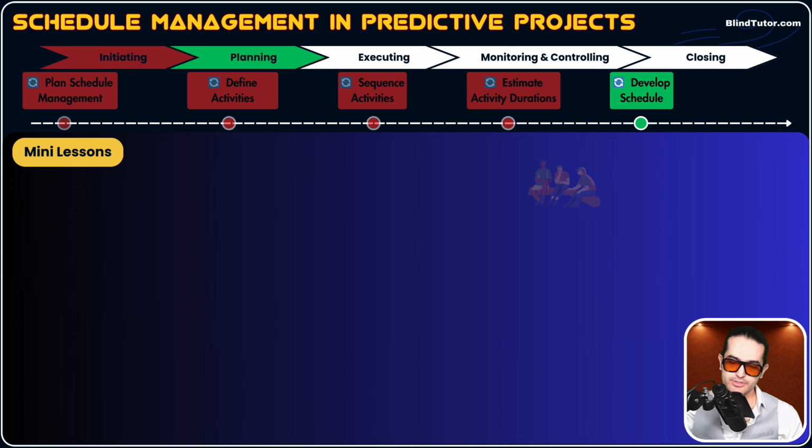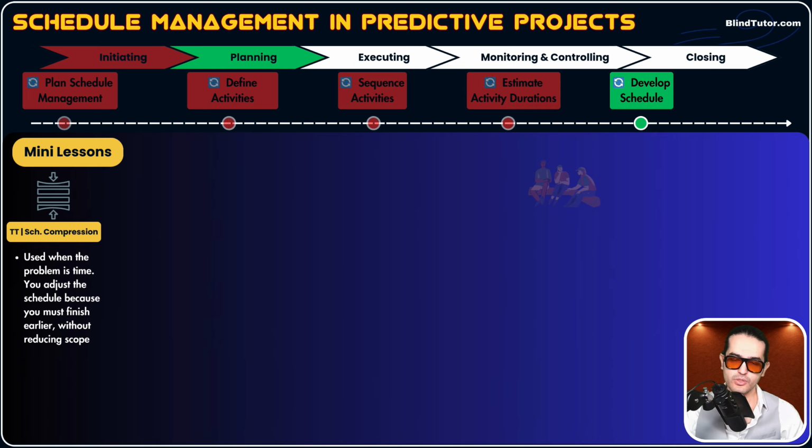Okay? So whenever you face a time problem, by time problem I mean whenever a stakeholder or sponsor wants you to finish the project earlier, you apply schedule compression techniques. So schedule compression techniques are used when the problem is time.